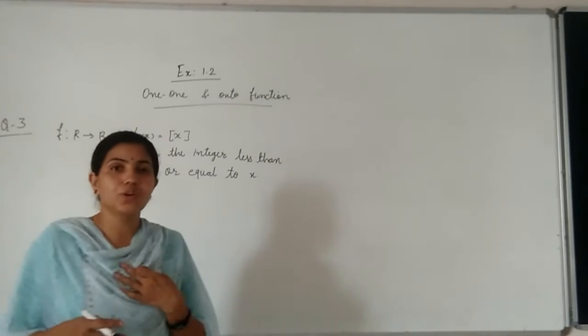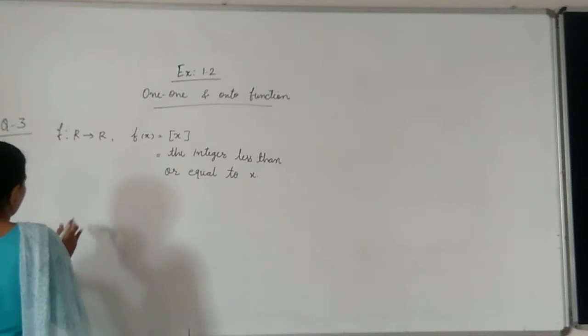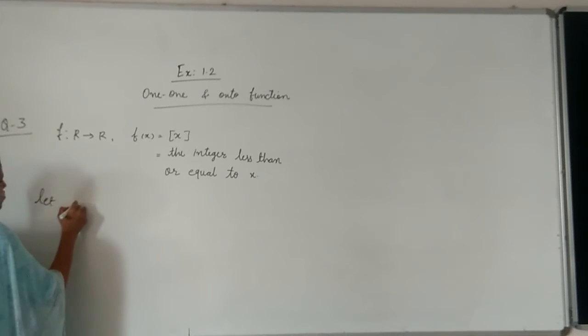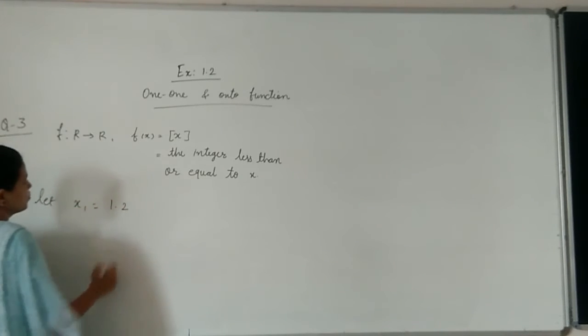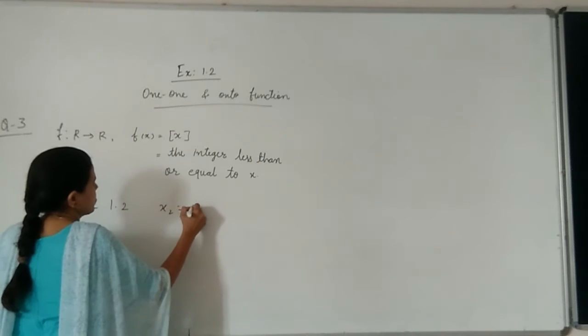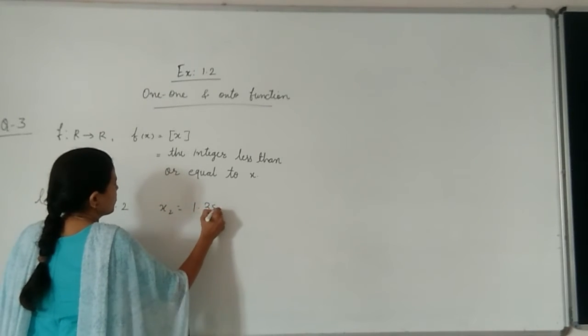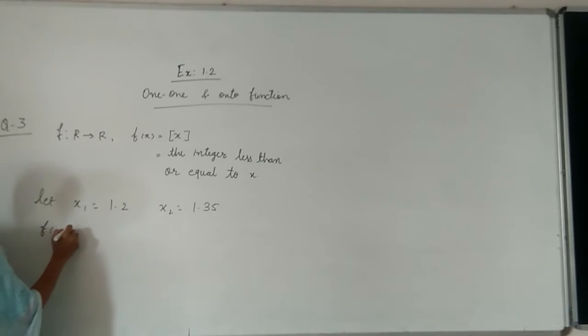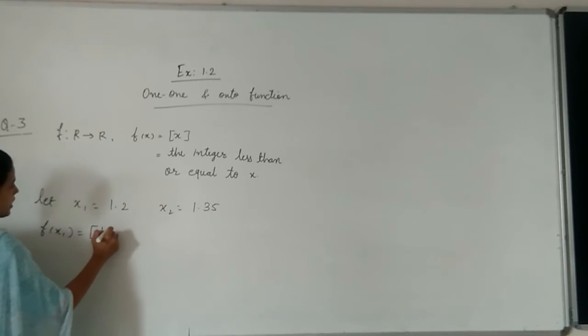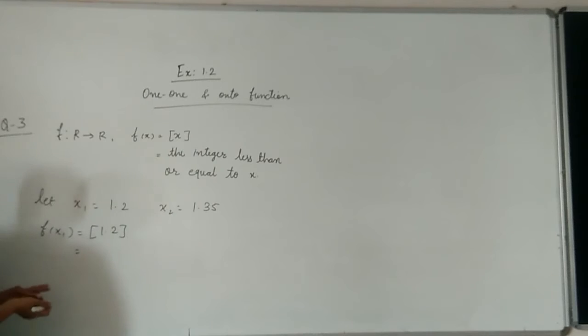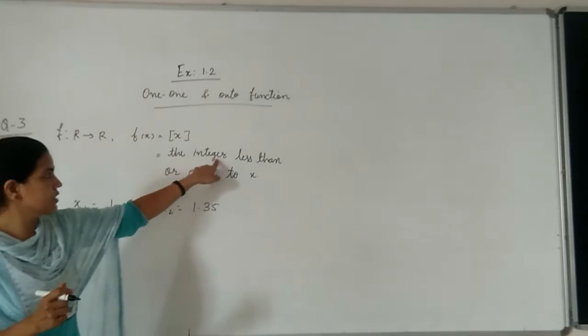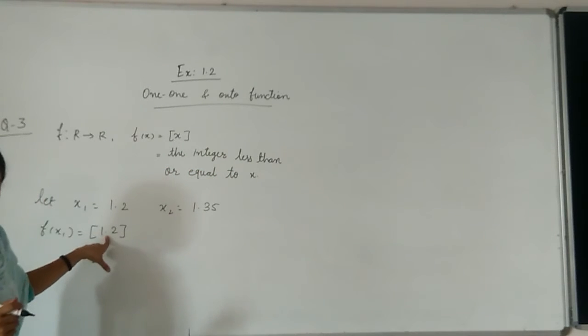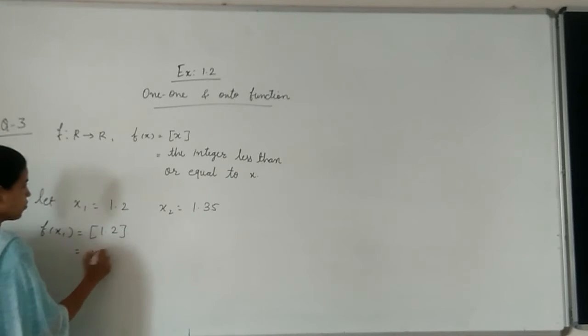So let me first check whether f is 1-1 or not. For 1-1 you can take a pair. Let x1 equal 1.2 and x2 equal 1.35. What is f of x1? f of x1 is the greatest integer of 1.2, that means the integer which is less than or equal to x, so that is 1.